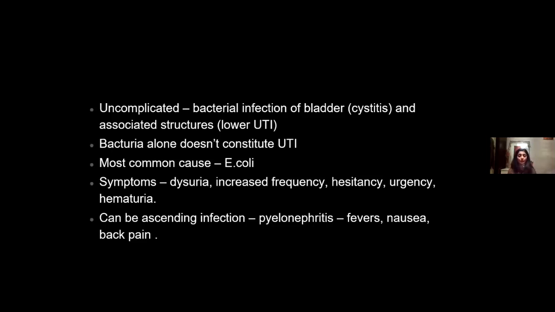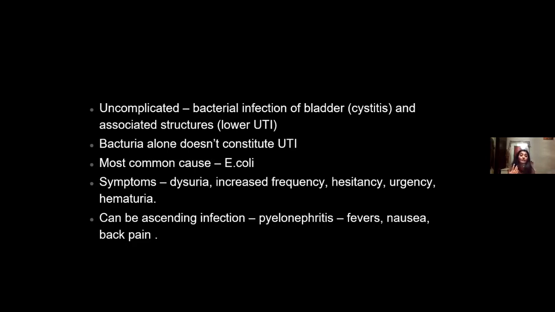The most common cause is E. coli. And just because you dip their urine and see the nitrites doesn't mean that they have a UTI. They have the presence of bacteria in their urine, but they don't have the symptoms of a urinary tract infection. And those symptoms are dysuria, so pain on urination.